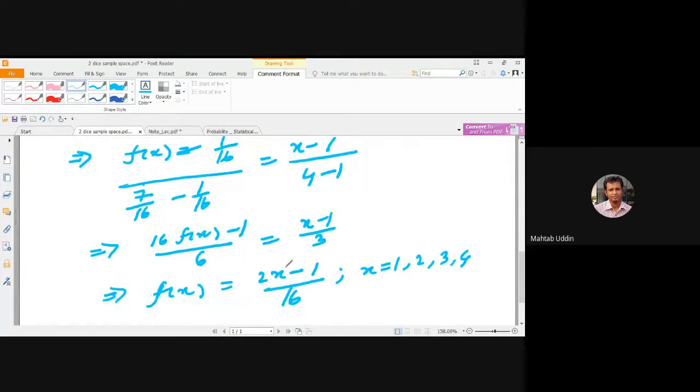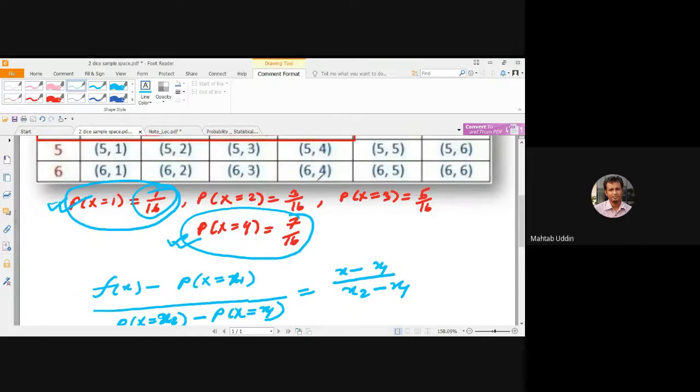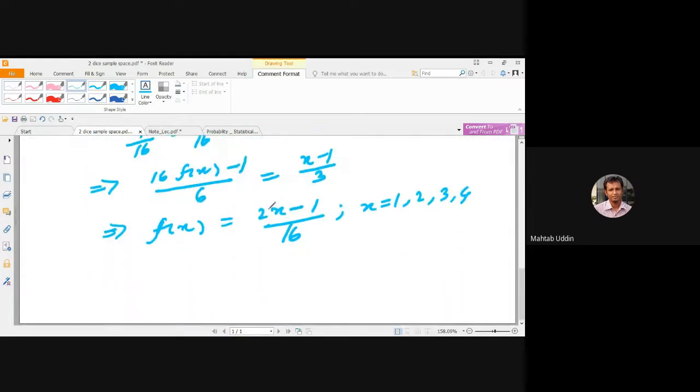What do we find? 3 by 16. Is it really 3 by 16? Oh, yes, right? Do you understand? Yes, sir. If you can find the rest of the elements, at least any one, then your formula is okay. Do you understand? Yes, sir.